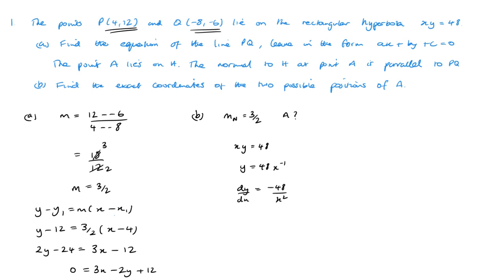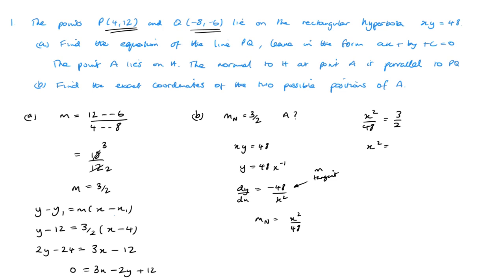Now, this is the gradient of the tangent, m of the tangent. So m of the normal will be: flip this and change the sign. So I've got now x squared over 48 equals 3 over 2.